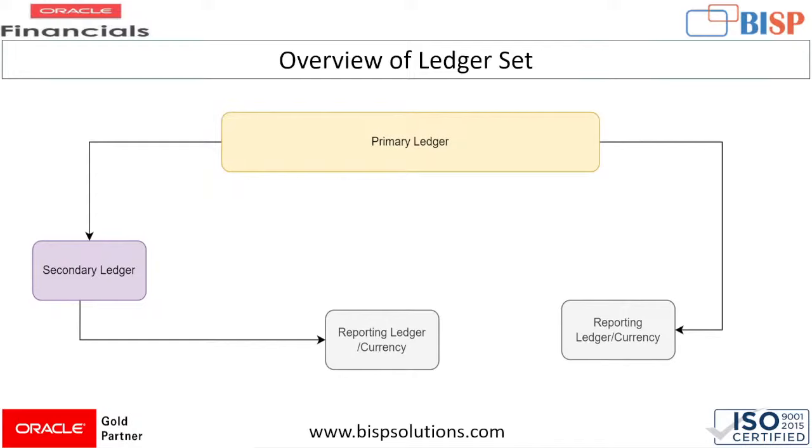So in this particular context of BISP group, we have used the reporting currency as journal based, right? So whenever any US journal is posted and accounted in the GL general ledger, it automatically gets created as a subledger in the reporting ledger.